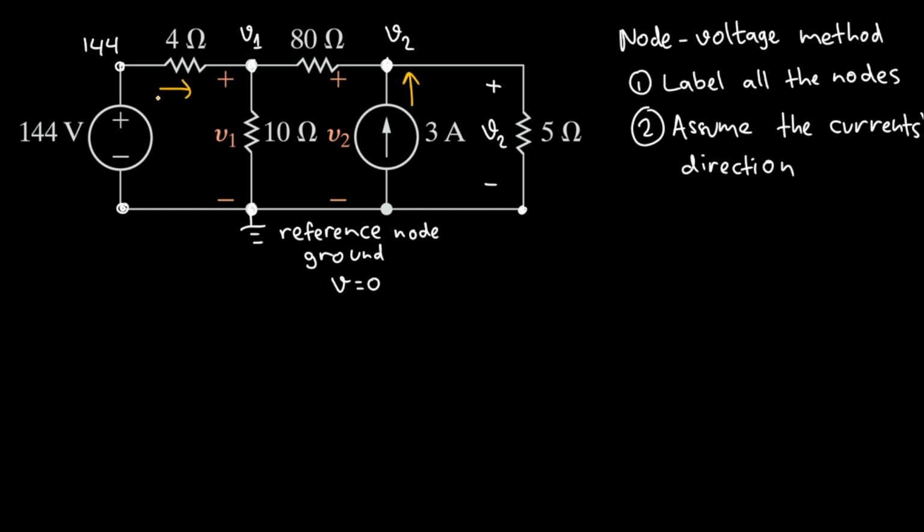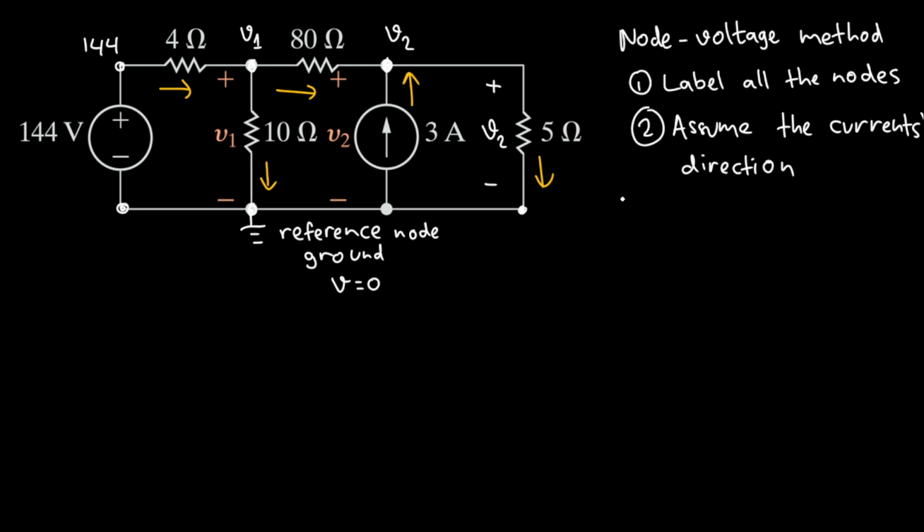So I assume it goes to the right, and I also assume it goes to the right. But for the vertical component, I usually assume it will go down here. Good. And we have done the second step. Actually, you can also assume the other direction, but this is what I usually do, as long as you are consistent during the solving of the problem.